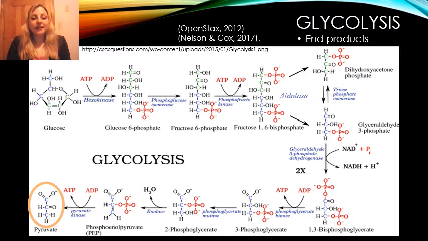In fact, this means that 2 pyruvate molecules are produced thanks to the 2 molecules of glyceraldehyde 3-phosphate that entered the second half of the energy-producing part of glycolysis. This means that along with 2 pyruvates, glycolysis produces 2 NADH molecules and 4 ATP molecules per glucose molecule.